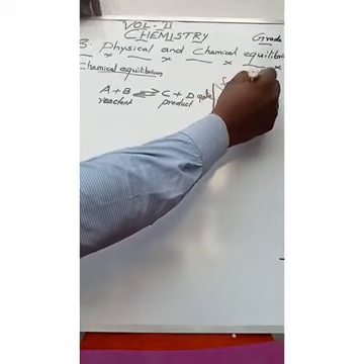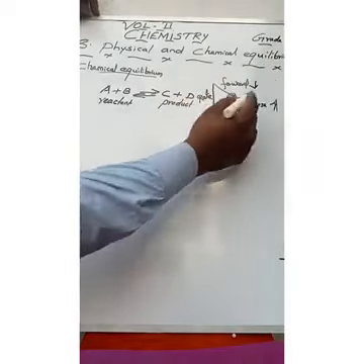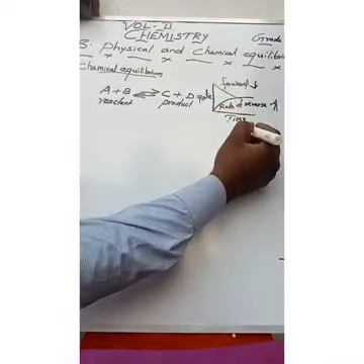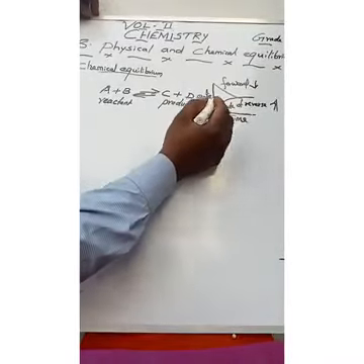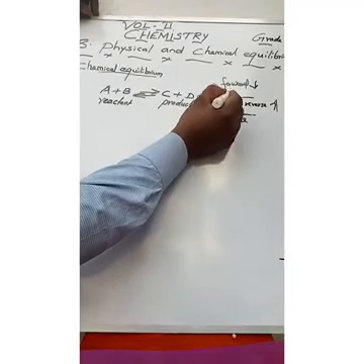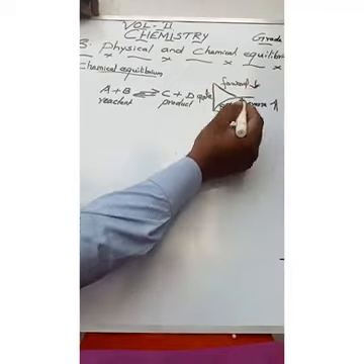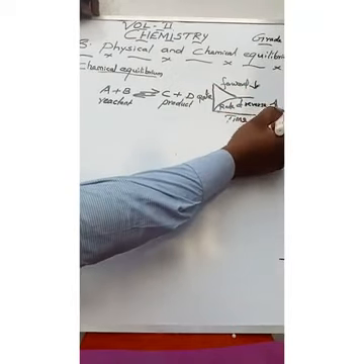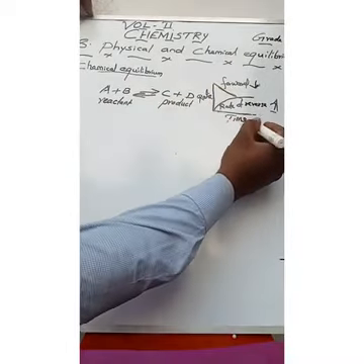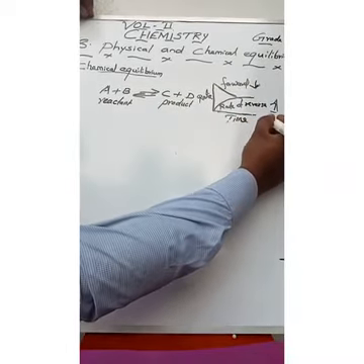So it can be written as equal rates. The rate of the forward reaction is decreasing, the rate of the reverse reaction is increasing, until they are equal. So we can say the rates of both the forward and backward reactions become equal.